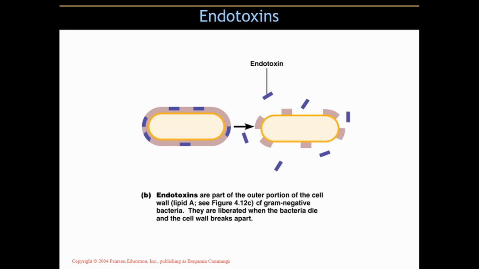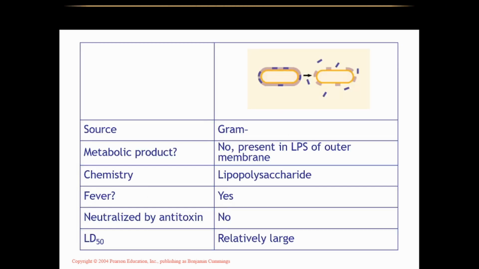Very simple graphic here. No, it is not a NASCAR racetrack that has gone awry. It is supposed to be the endotoxins leaving the outer membrane of the gram-negative bacterial cell. Once that outer membrane breaks apart, the endotoxins take a trip and leave, and then they create all their problems and issues within the host that we just discussed.